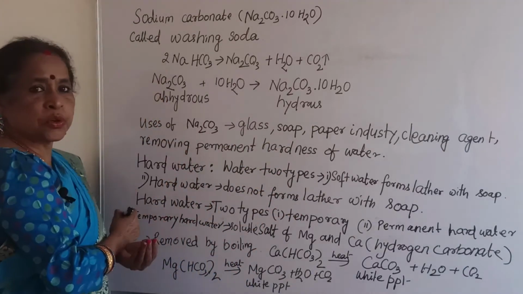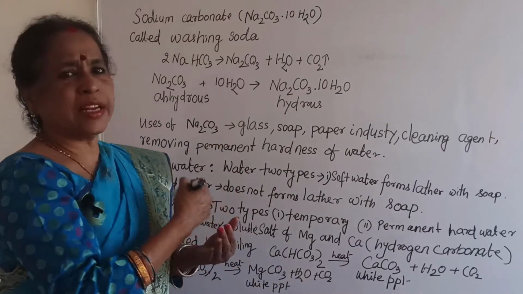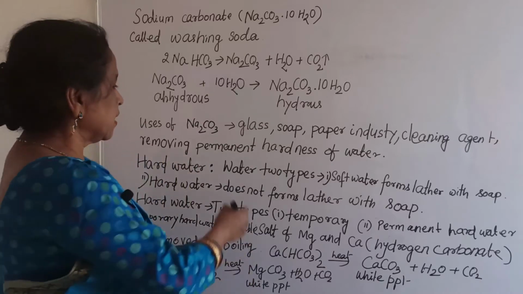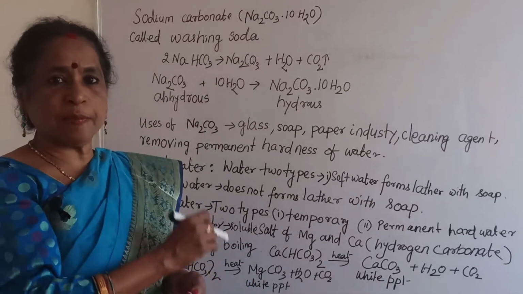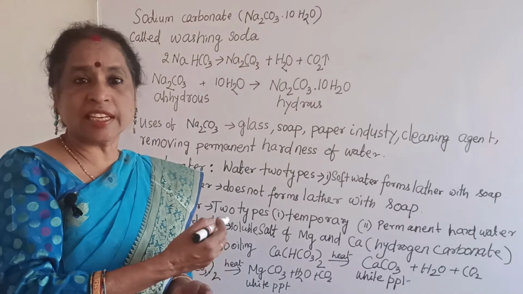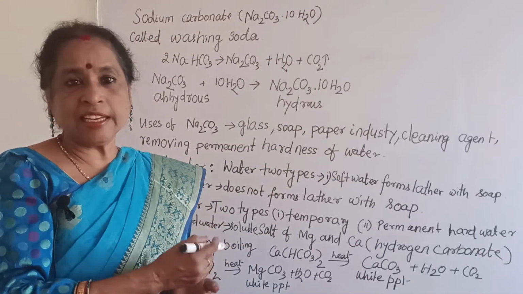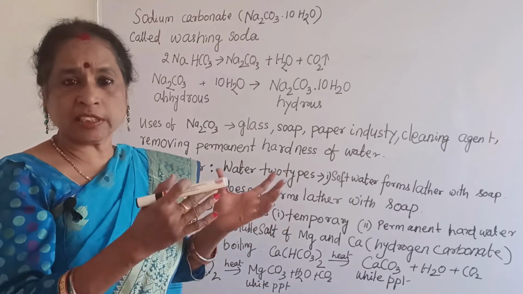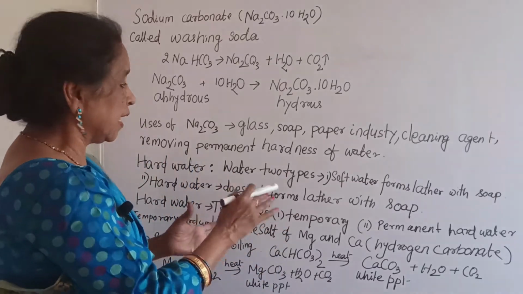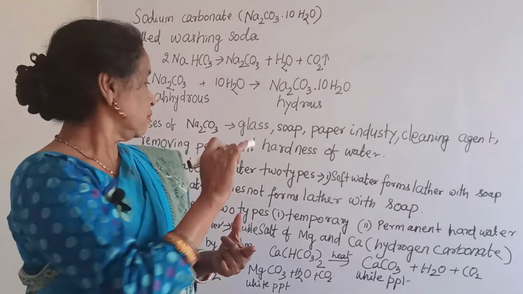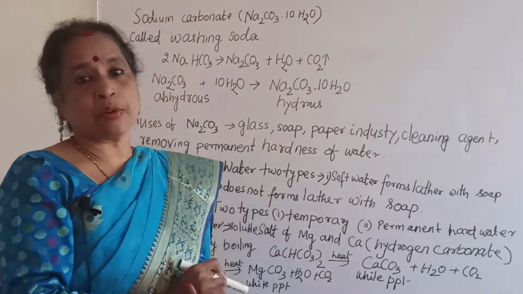Then uses of sodium carbonate. What are the main uses? In glass industry, soap industry, paper industry. It is very important. It also has important uses as a cleaning agent. Here it can clean clothes, it can clean materials, it can clean other things wherever possible. And an important thing is removing permanent hardness of water.